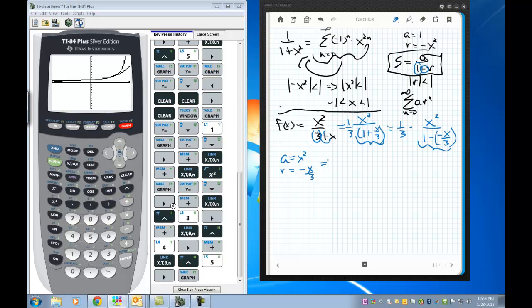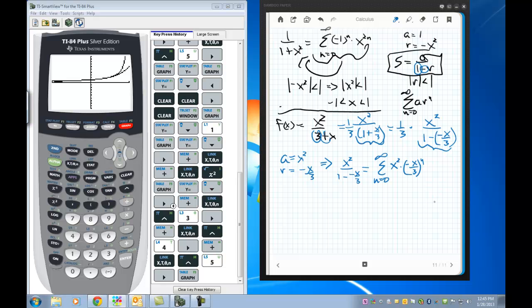Which implies that x squared over 1 minus negative x thirds is equal to a over 1 minus r, the sum as n goes from 0 to infinity of x squared, that's just a, times r to the n, which is negative x thirds to the n.